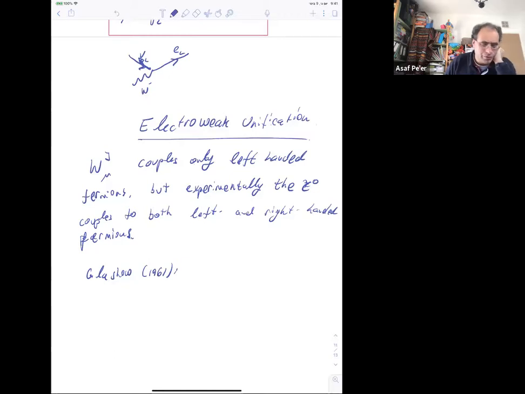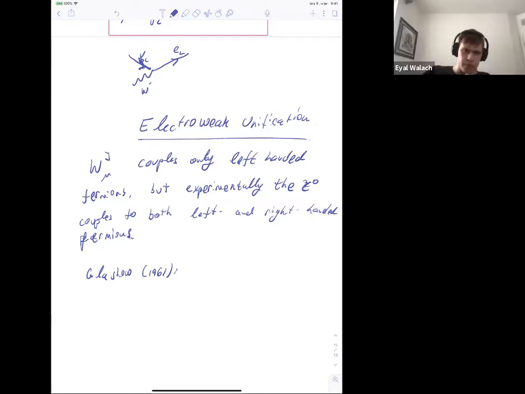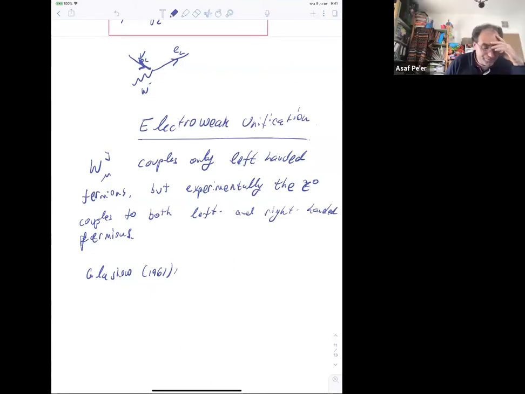What is the other neutral gauge boson that we have? It doesn't carry any charge? Photon. Oh, very good. So you just said, maybe we can take these two neutral bosons, and express all the terms as a mixture between the photon and the Z boson.